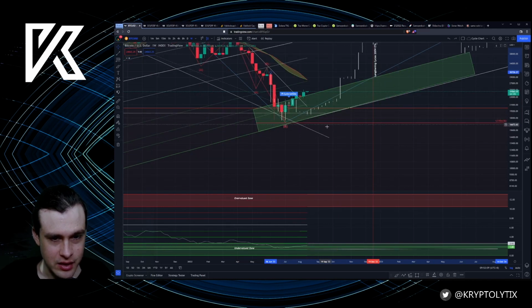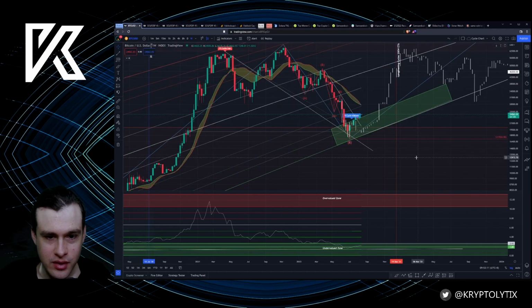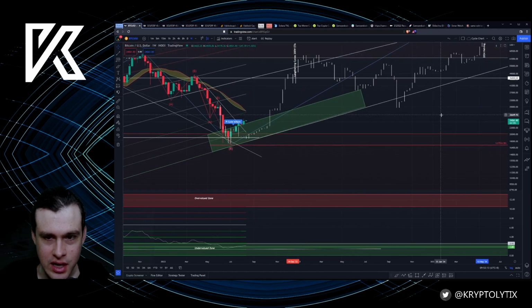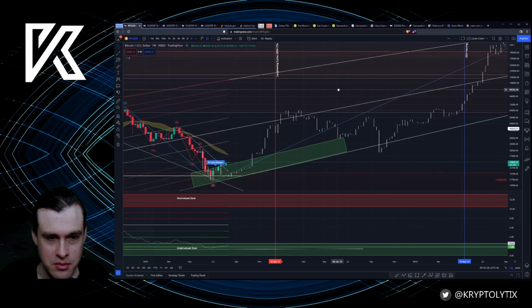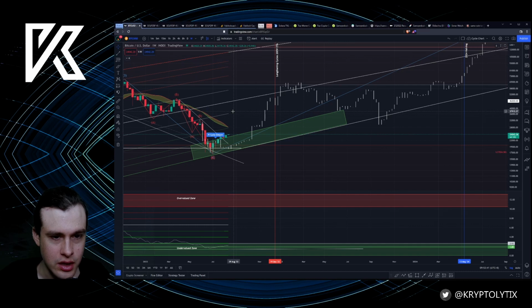But just to get a general idea as to how long it took us to recover and what took us to the next bull market, essentially, was we had a relief rally back down, back into consolidation, or this is the accumulation zone really, and then we started to go back up. We went to the median line, this is the logarithmic regression band, or the log growth curve. Back to the median line, then back down again.